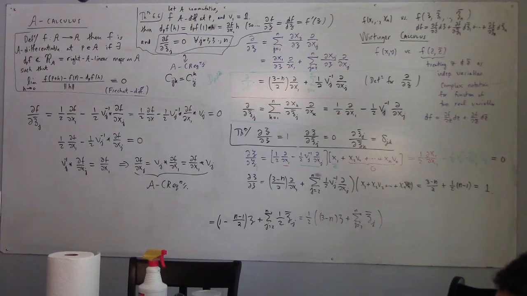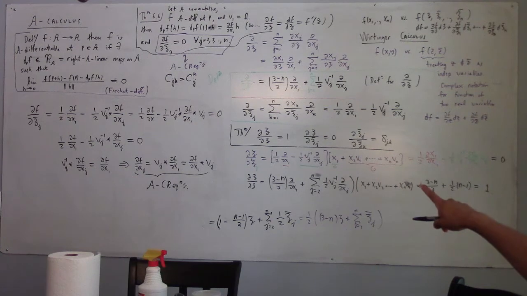That's alright. Partial zeta, and then partial x1.